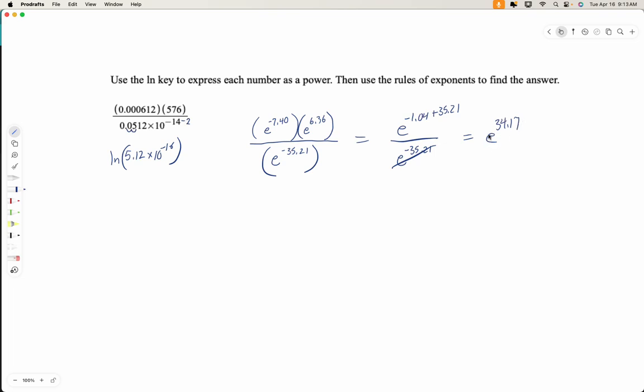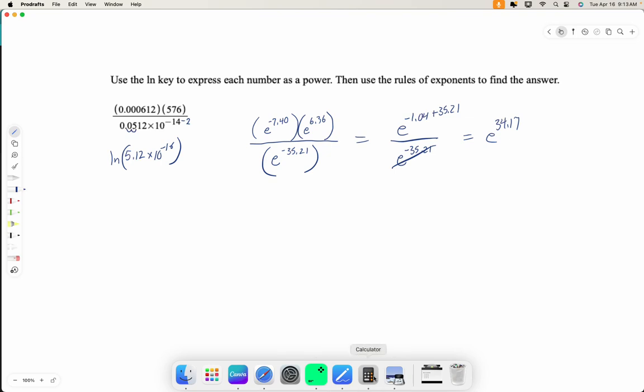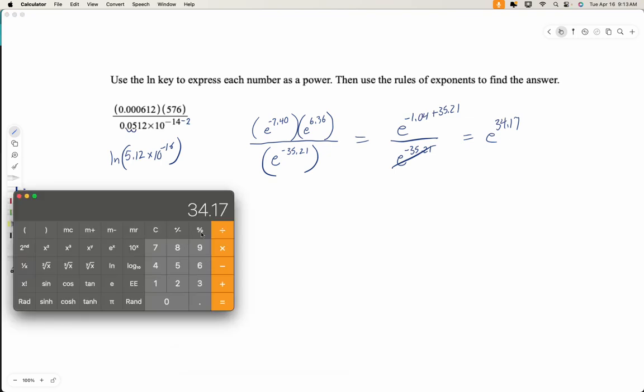Now, we're going to convert that to scientific notation. If you've got 34.17 and you want to convert it back to a number, you're undoing it, you hit this button right here. Crazy, huh? That's a big old number. So we're going to round this to 2 places. We're going to put it in scientific notation because it's way too big to do otherwise.